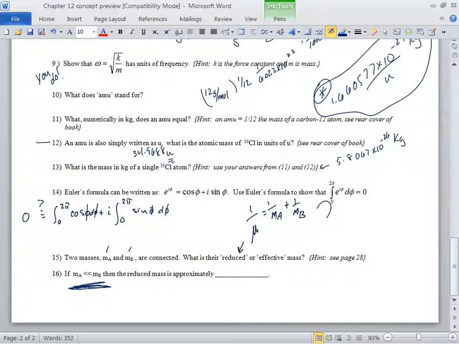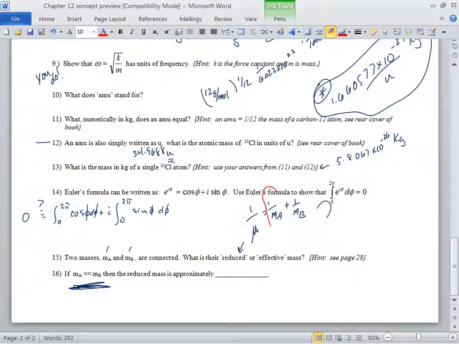which term goes to 0? If Ma is much, much smaller than Mb, or how's this going to work? Or think of it this way, Mb is much, much bigger than Ma. It's 1 over, though.